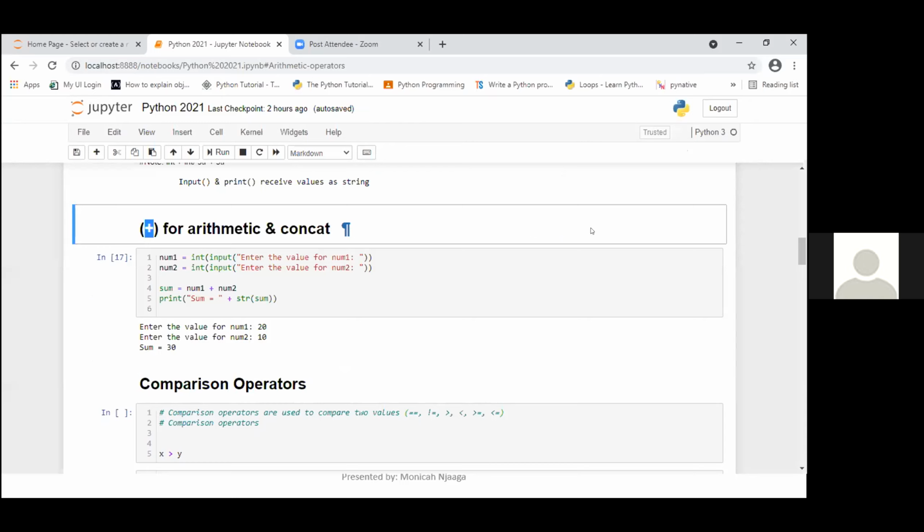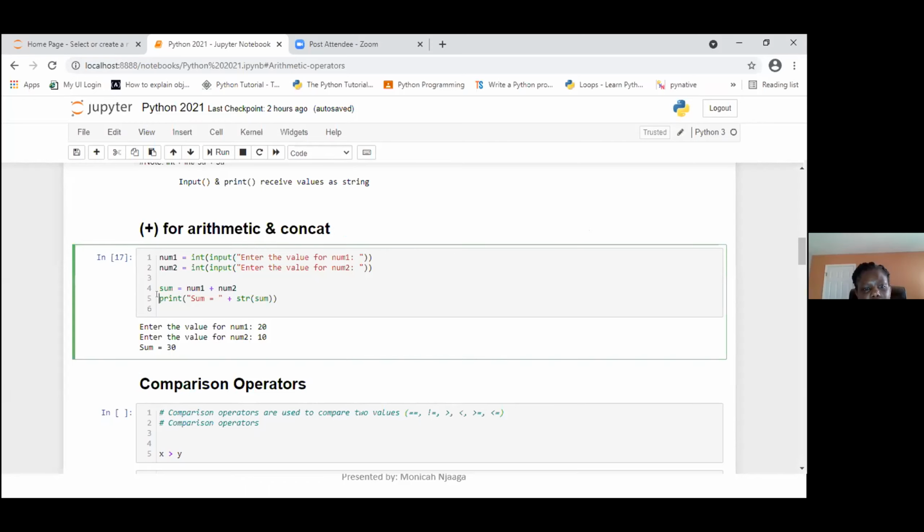So I see where before you converted the sum on the print function. Yeah, number 5. I'm wondering why did you have to convert? Because I'm confused why, if the sum is already equal to the variables num1 and num2, you need to convert that.